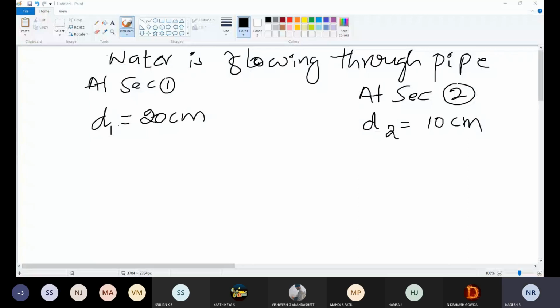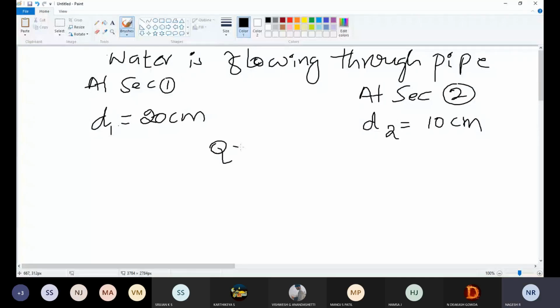Nishant Kumar Jha? Surya? What is the symbol for discharge and what is the formula for discharge? Mohammed? Adnan? Yeah, Q. Okay, Q is the symbol for discharge.